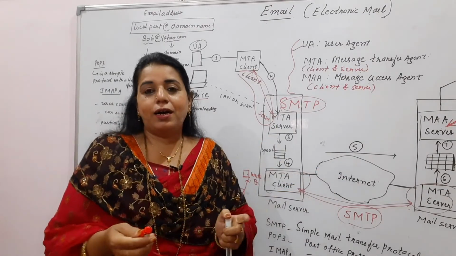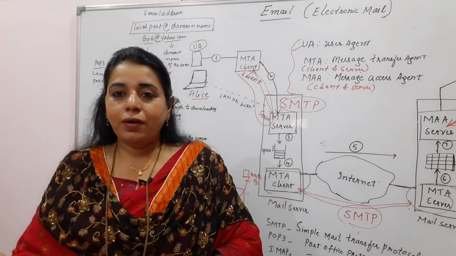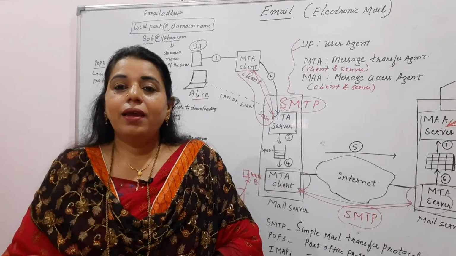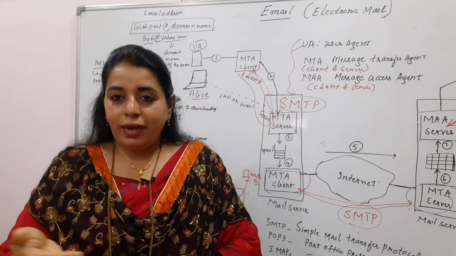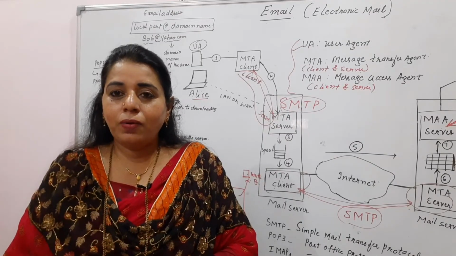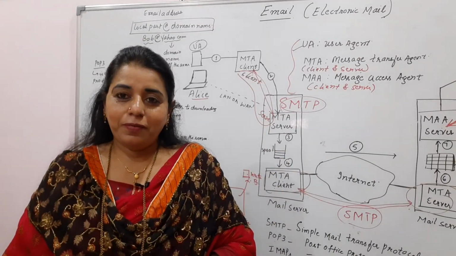So with these features, whatever I have explained now for POP3 and IMAP4, you can very well guess which protocol is presently used in your email system, whether it is Yahoo, Gmail or any other account, whether the pull program used is POP3 or IMAP4.